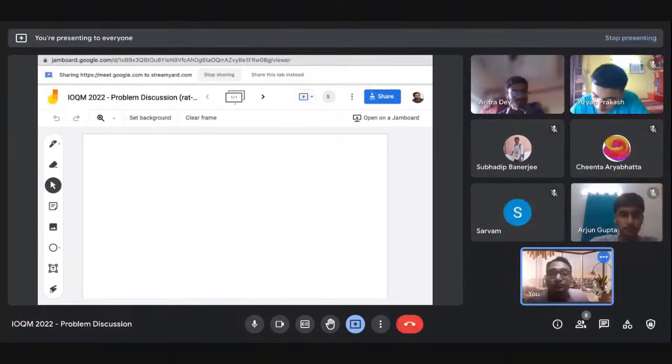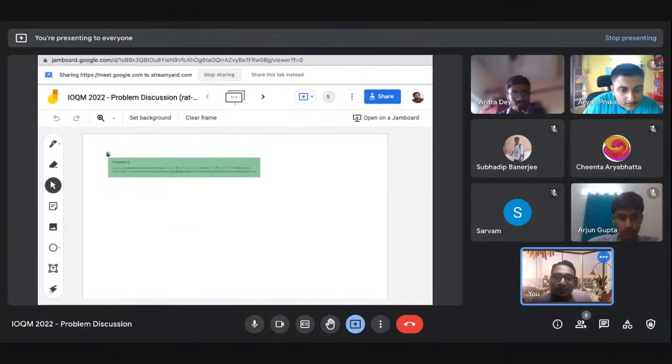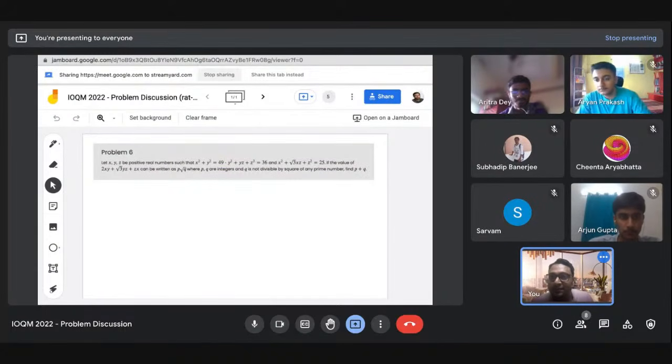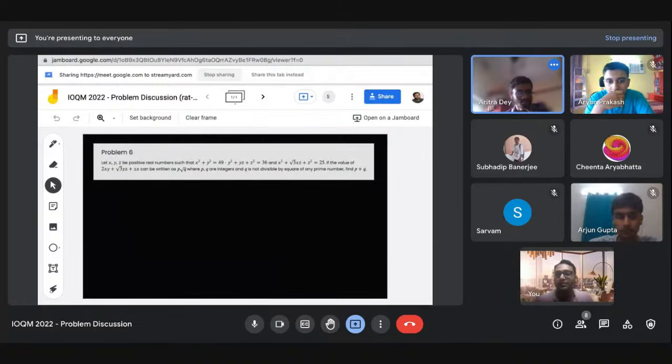Sorry, it's taking a little bit of time, but I will just go ahead and put it here. I thought we could drag and drop photos, but maybe not. Here is problem number six. I'll change the background a little bit. Can you see this document? I think I should change the background to black. It is much better to look at.